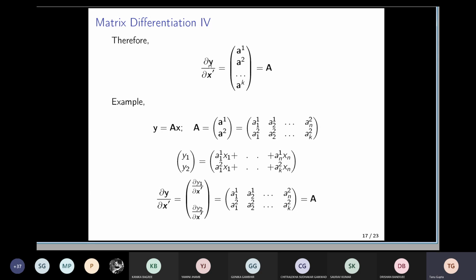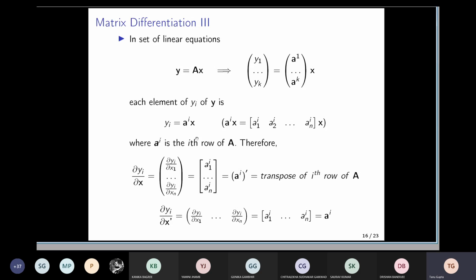Now I will move on to a vector. So far I was talking about a single element of vector y. Now I have to do this for each element of vector y, and I am going to stack it in a column form.